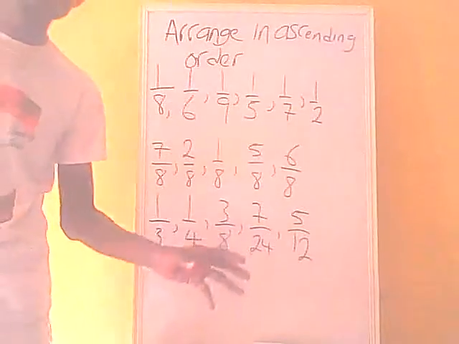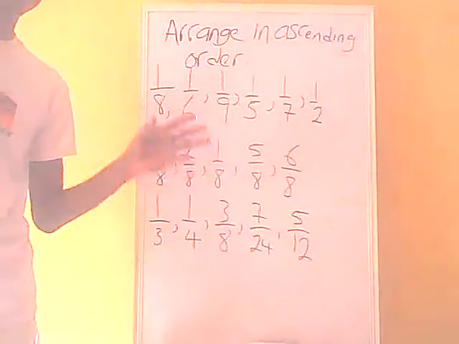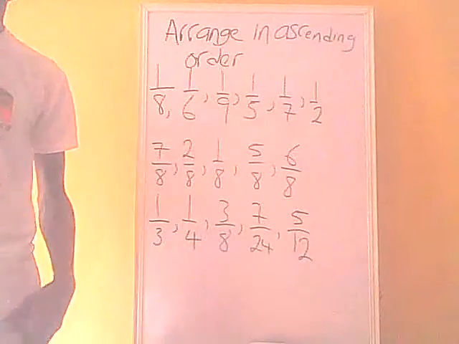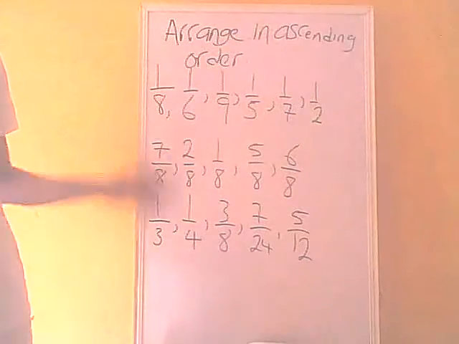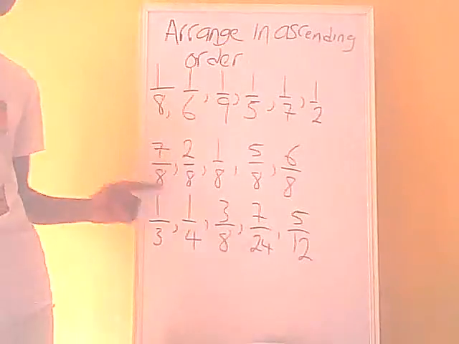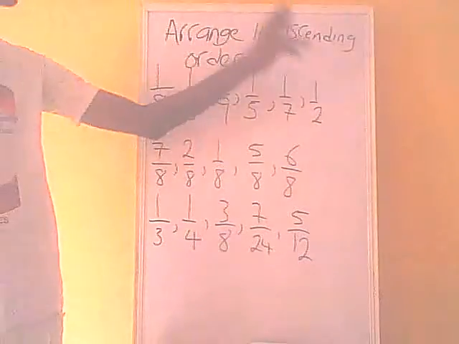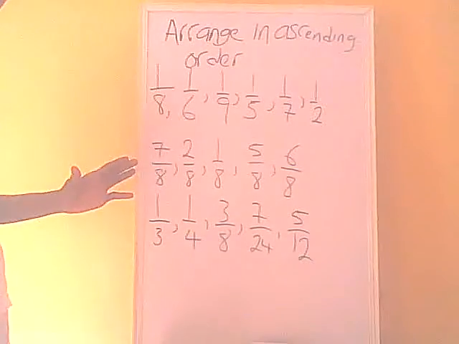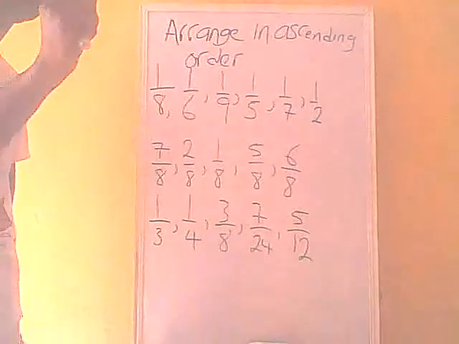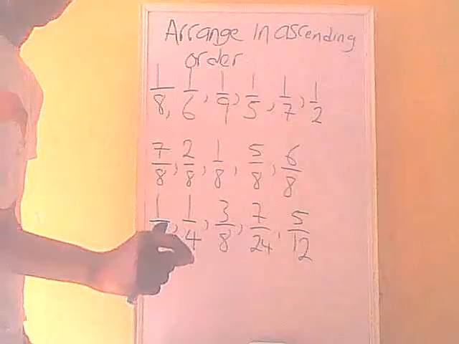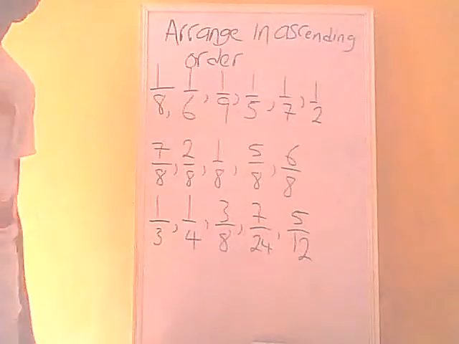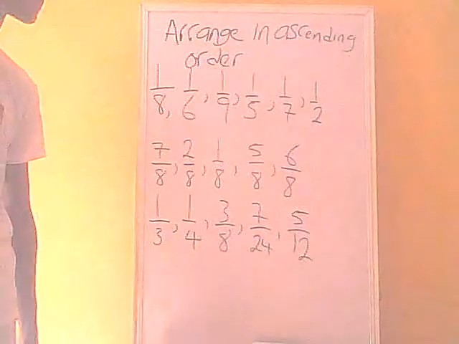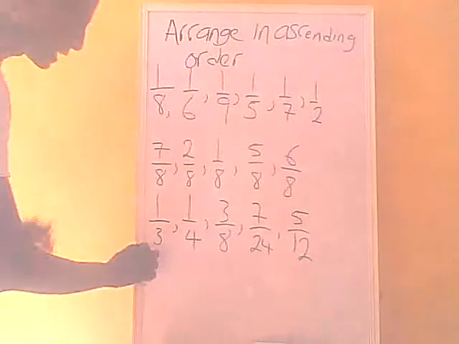Now, the last video we shot was ordering of fractions, so this is to complement that. It's a question on the board here. Arrange in ascending order. We know that ascending order is taking numbers from the smallest to the highest.